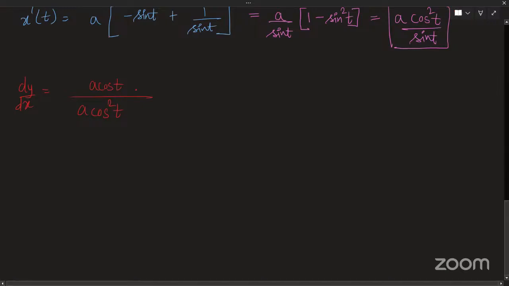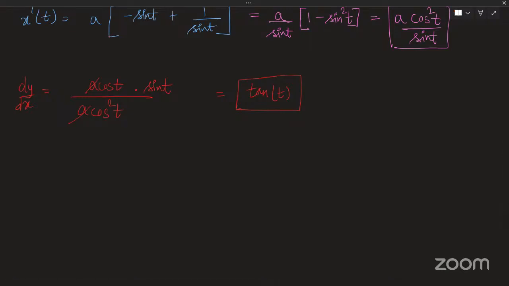This sin t can go up, so it becomes sin t by cos t, which is tan of t. Okay, so I'll just write it again with brackets. This is my final answer. Got it, everyone? Yes, sir.